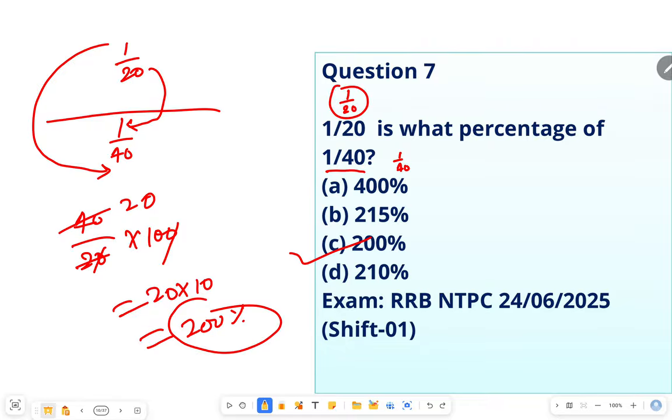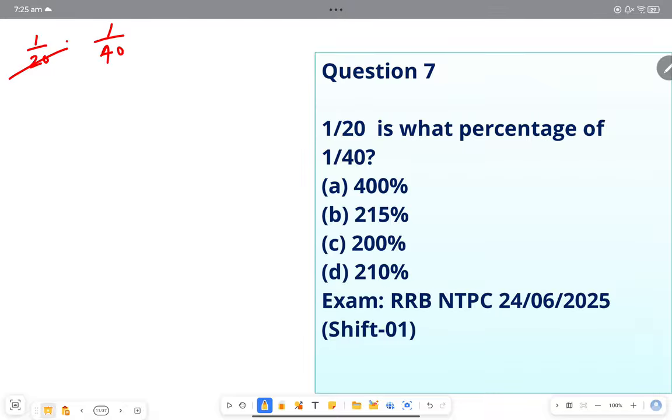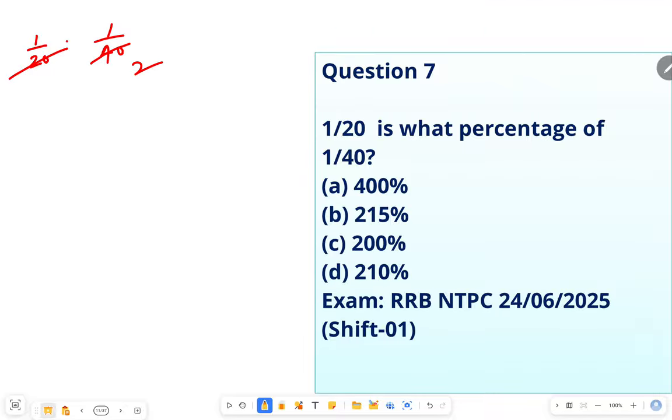The next question, we have the same question, right? And we can also solve it in a different way. For example, I can write this number like this. Directly I can cancel it in two times, and then in the form of ratio, if I write it, this is 2 is to 1, correct?